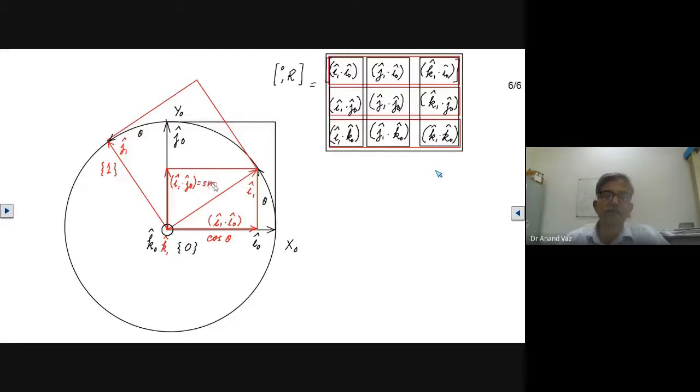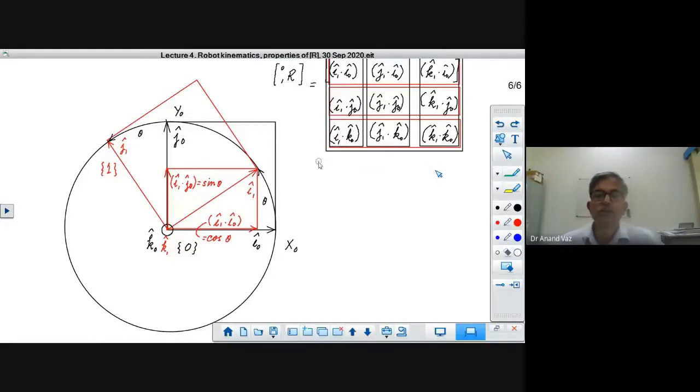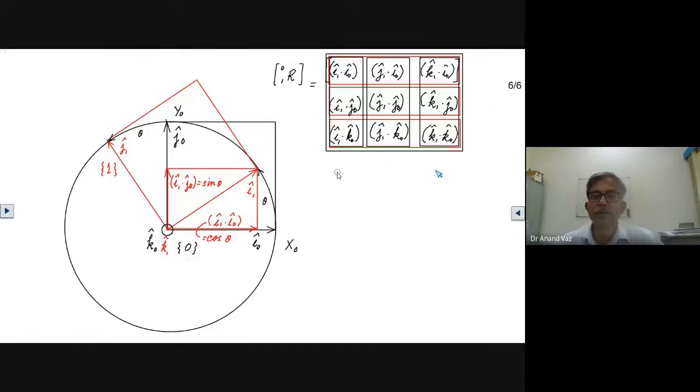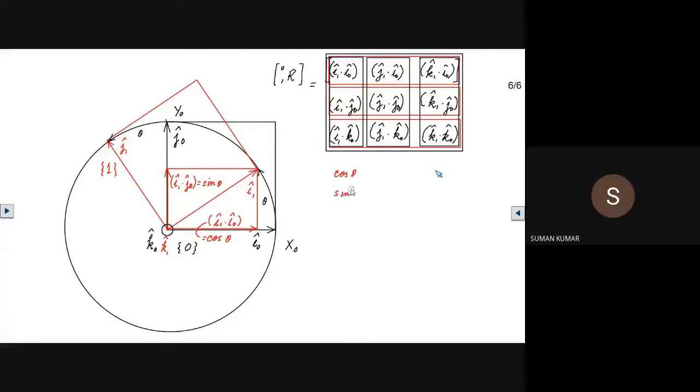And the third one is equal to 0 because I1 dot K naught is equal to 0. So we have the first column like this: cos theta, sine theta, and 0.